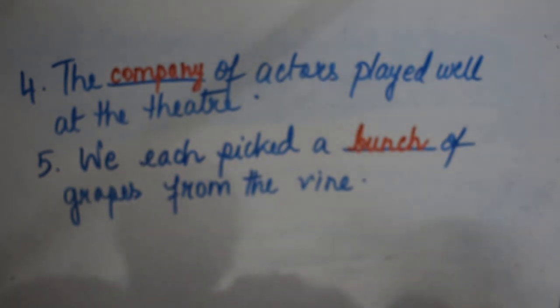Okay, now the next segment was you had to fill up the spaces either with the collective name for the noun, or the noun for the collective names that were mentioned, right? So I'll directly get into the questions.